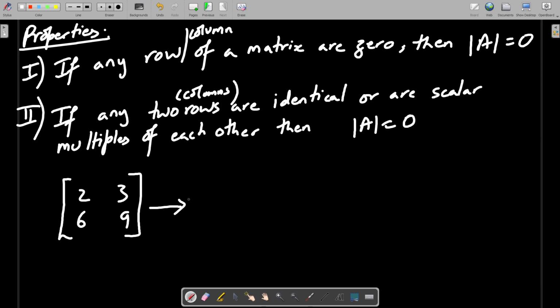If you do row elimination, you get a 0 row, and hence the determinant of A is equal to 0.